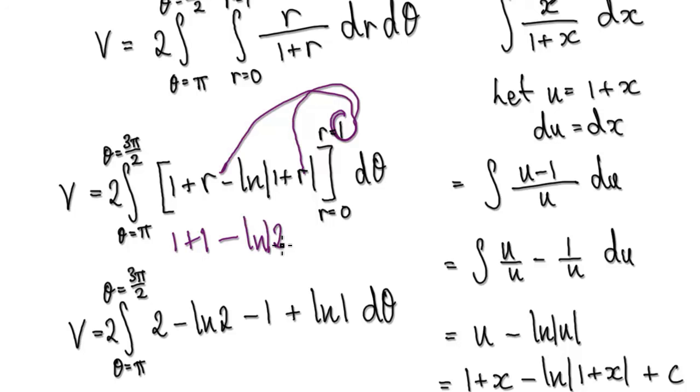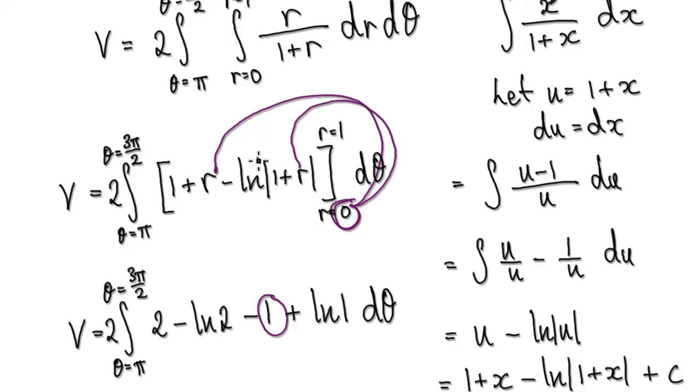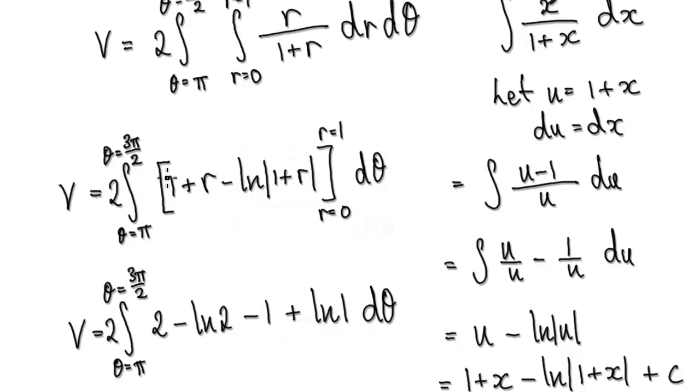We don't need the absolute value, because we know that the number 2 is positive. So that would give us natural log of 2 here, and then you take away, and you put 0 into here, so that would then be this thing here. Remember, it's take away a negative, so that would be a positive natural log of 1.